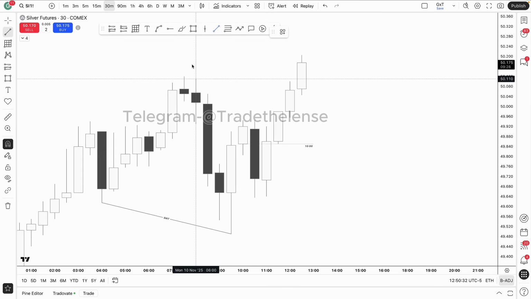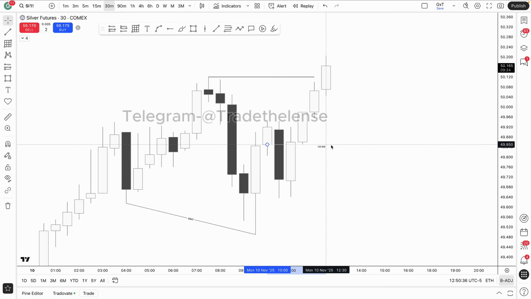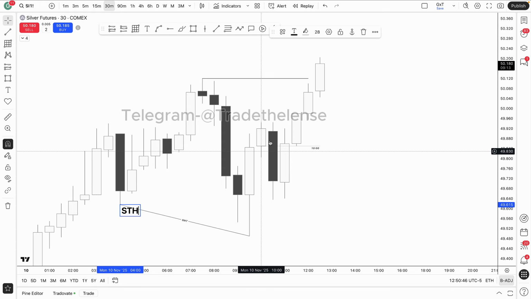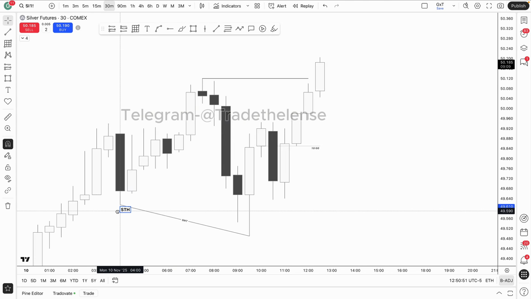If you have ever studied advanced market structure, this is essentially what it is. Short-term low, intermediate term low. I'll mark that out. Short-term high, whoops. That's going to look weird, it's going to be so off-centered.